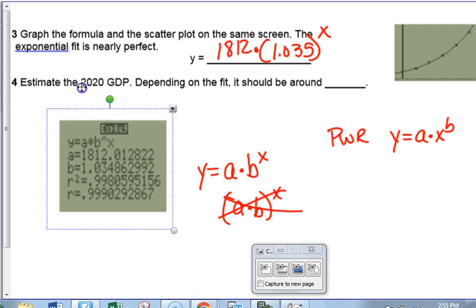Then it says estimate the GDP in the year 2020. How far is 2020 from 1950? 70 years. So we need to put a 70 in here. That's going to be a really big number. 1812 times 1.035 to the 70.